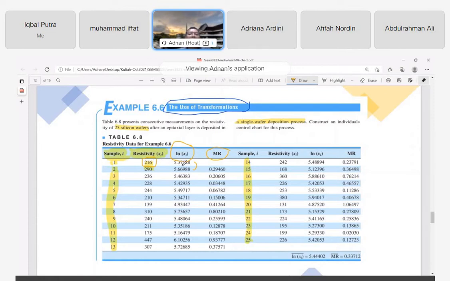So instead of using raw data, we take the natural log of x of this measure. So we get 5.3, and we get 5.66. Now it's been transformed into natural log value.